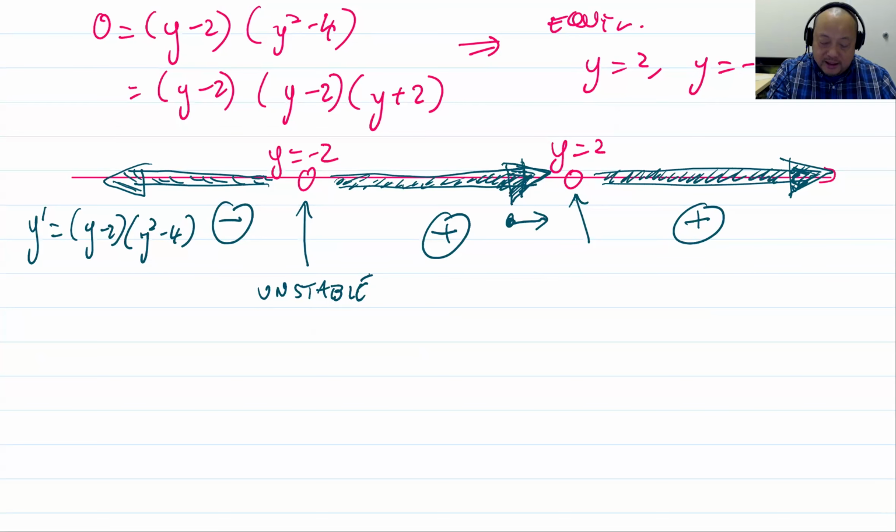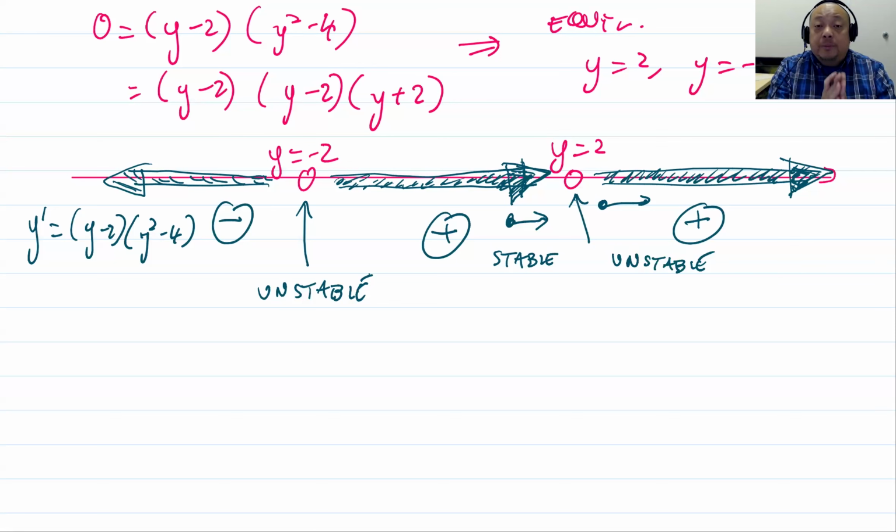So on this side, it seems to say that the equilibrium point is stable. But on the side greater than 2, if I'm off by a little bit greater than 2, the slope field will pull me away from the equilibrium curve. It indicates unstable.